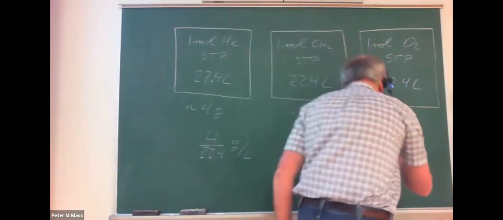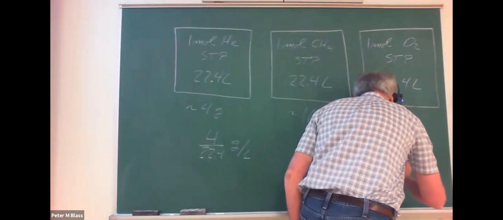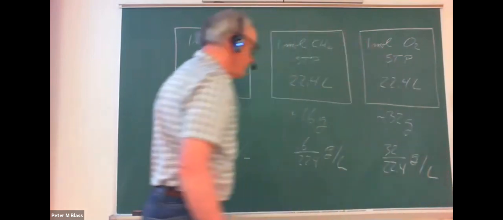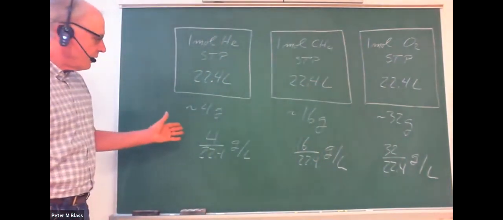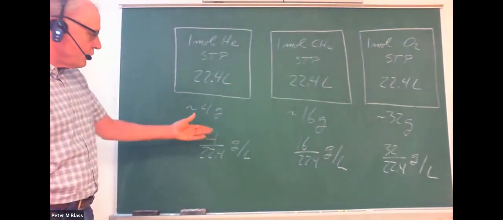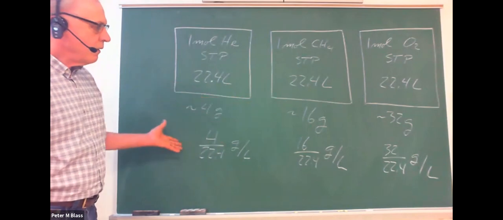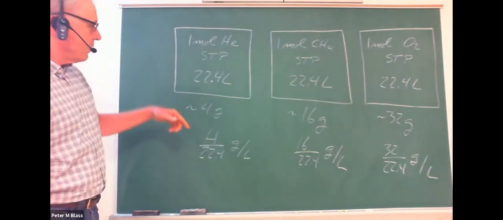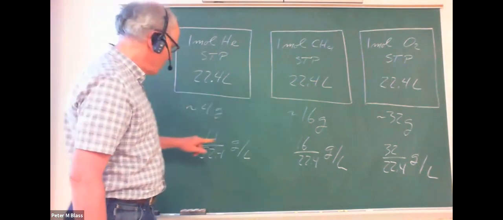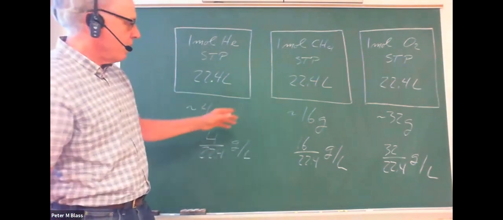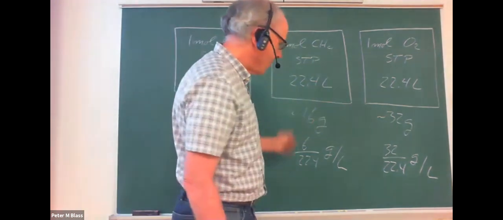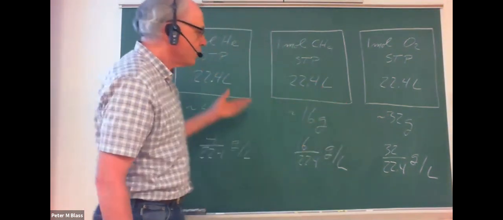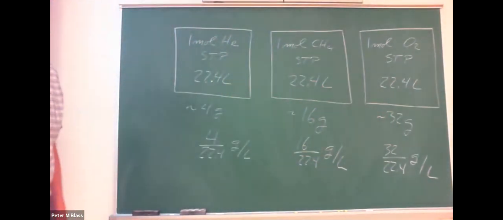Okay, but here 32 over 22.4 grams per liter. Their density is just proportional to the molar mass, right? So here the molar mass is 4 times as big and the density is 4 times as big. Here the density is twice as big as that one. The grams of mass is twice as big and the density is twice as big because the volume is constant.